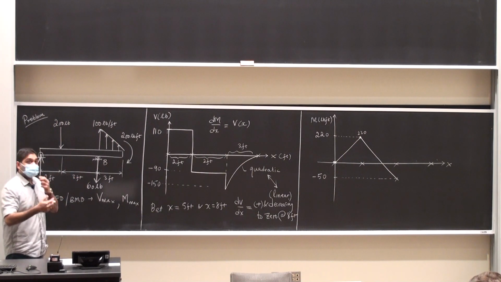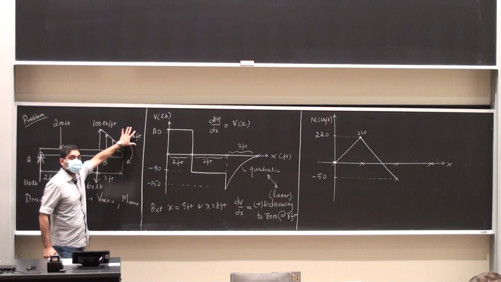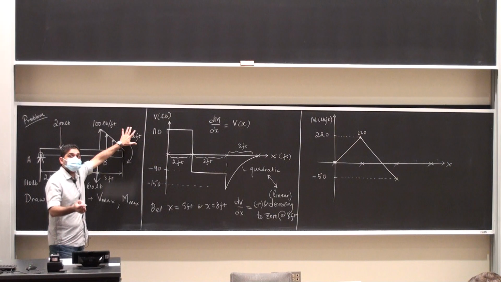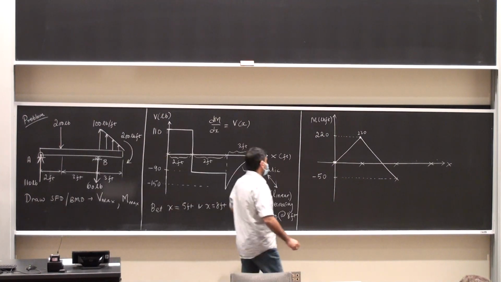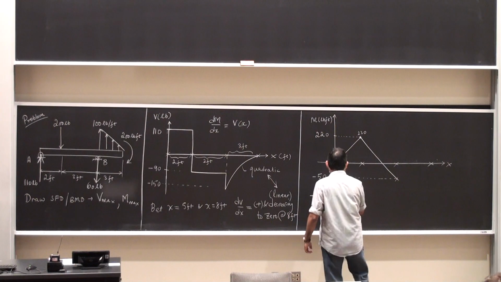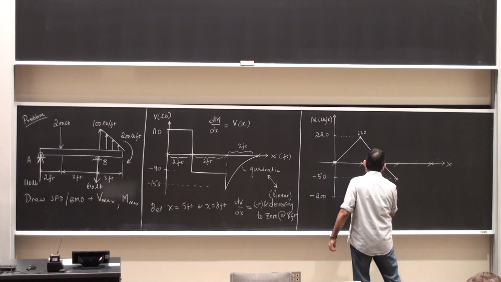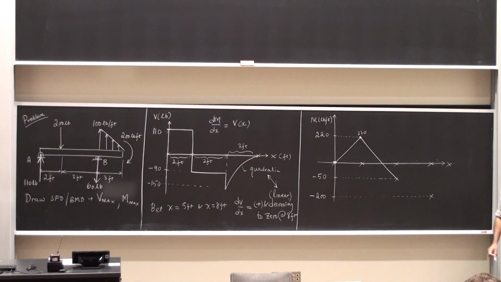So which means that, before seeing this, I should have been at a value of minus 200 pound-feet in my bending moment diagram. Am I right? We are going to see. Okay, so I'm going to just mark minus 200. I should have been here.